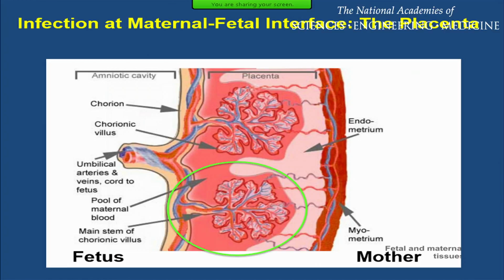This then enables any infectious agent that could be present in maternal blood easy access to the fetal circulation, as in some periods of gestation it is represented by only a single cell layer thickness. Next slide, please.